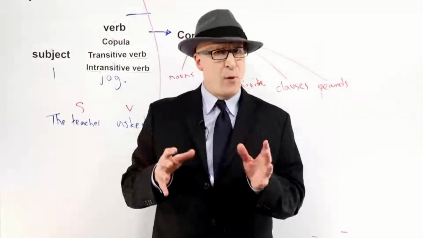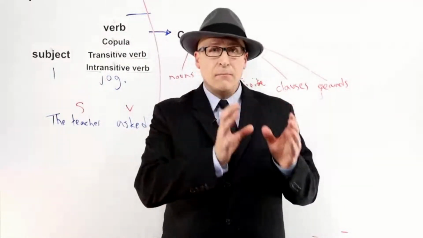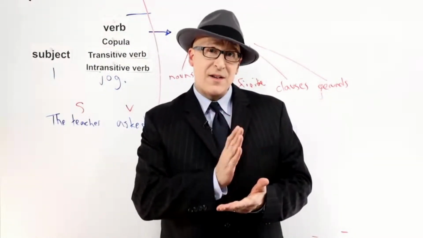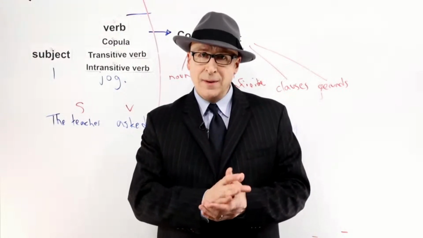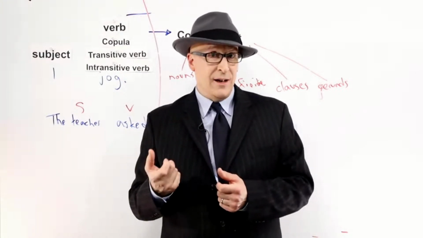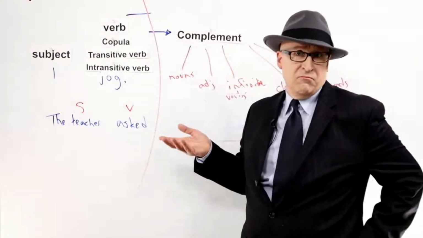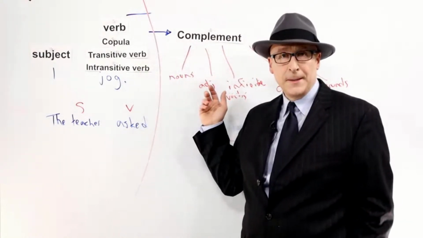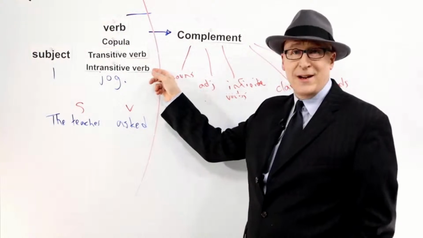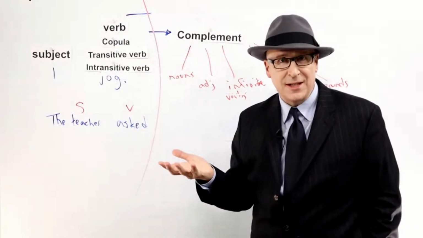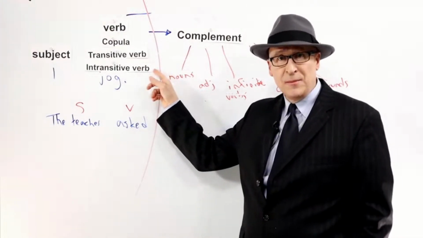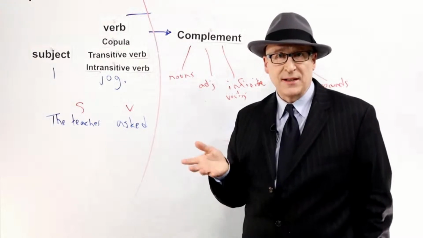Not enjoys for pizza, enjoys pizza, because you must have an object after a transitive verb, you cannot have anything else. There are no choices. So transitive verbs are kind of simple, what can come after it. Intransitive verbs open up more possibilities because intransitive verbs do not need a direct object after them.